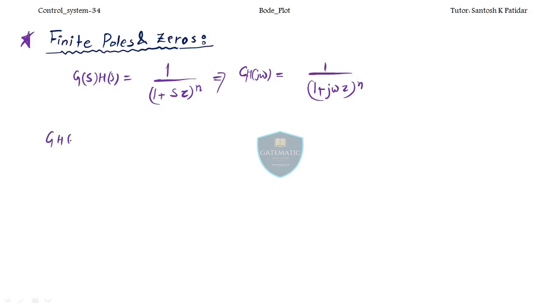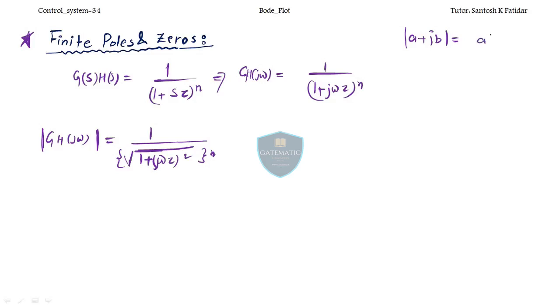Let's find the magnitude here: square root of 1 plus omega tau square, n times. This is nothing but the magnitude, 1 plus omega tau square. Perfectly fine. For students who don't know about this, the magnitude of this thing is nothing but the square root of a square plus b square, real term square plus imaginary term square.